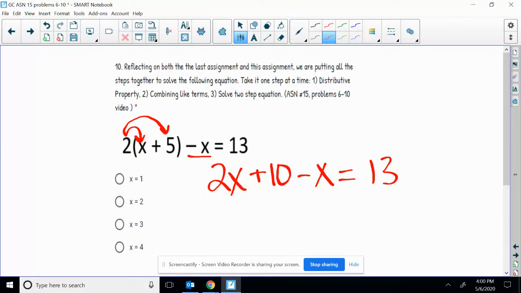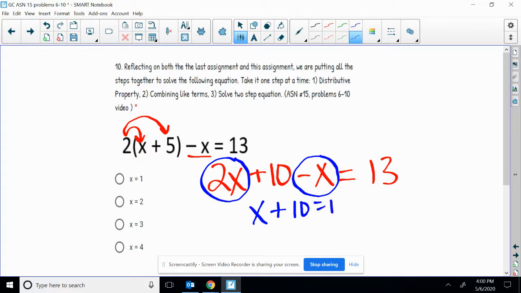Okay, so combining like terms, I have 2x here and I have an x here, and I'm including that sign in front, so it's negative. If I have 2 x's and I take 1 away, all I have left is 1x. So I have x plus 10 equals 13.